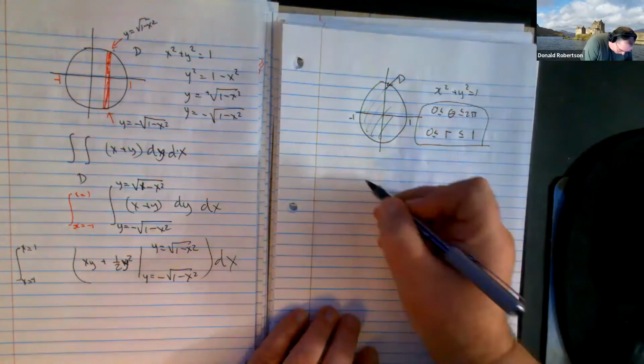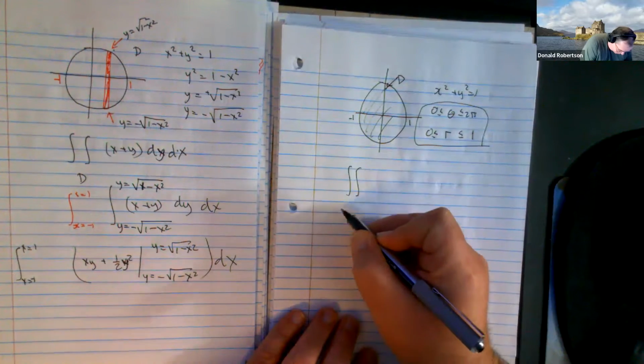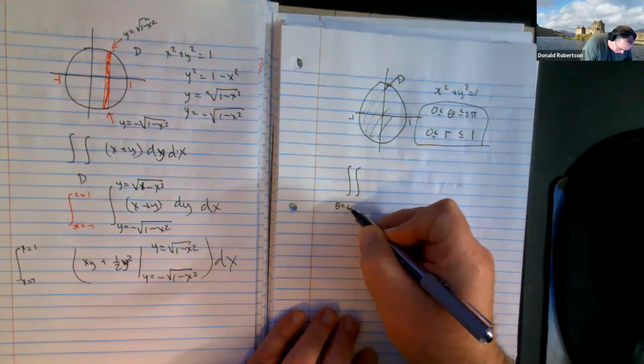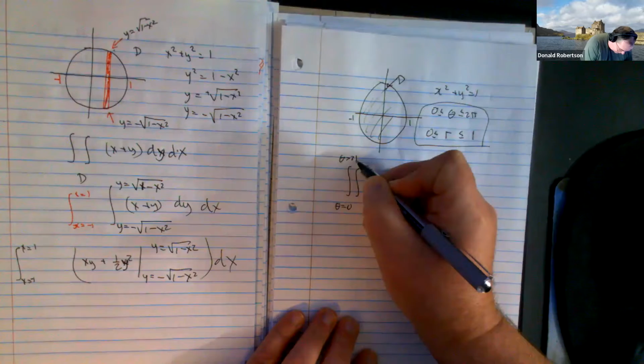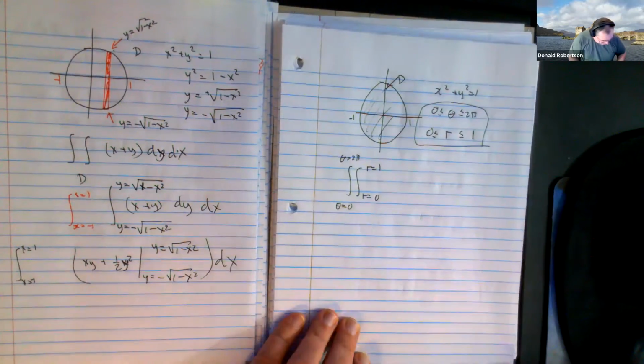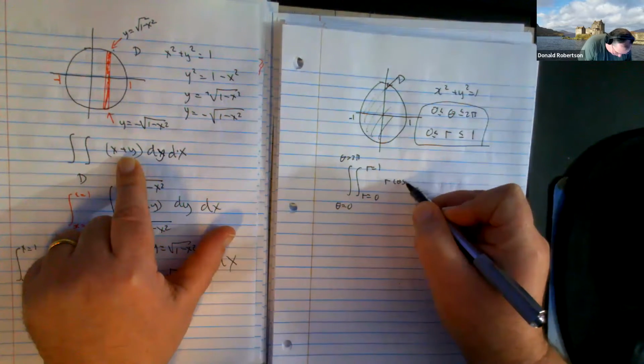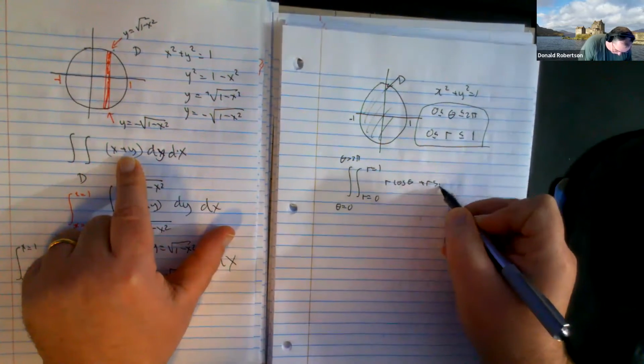Now, if you want to set that integral up, it's going to be from 0 to 2 pi, and from r equals 0 to r equals 1. The function is x plus y, so that's r cos theta plus r sin theta.